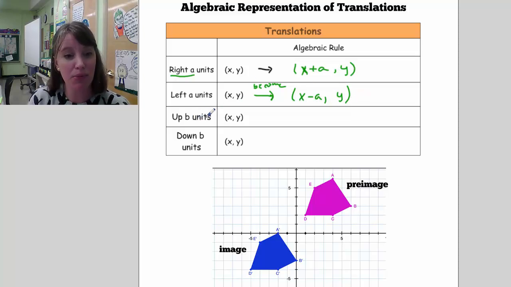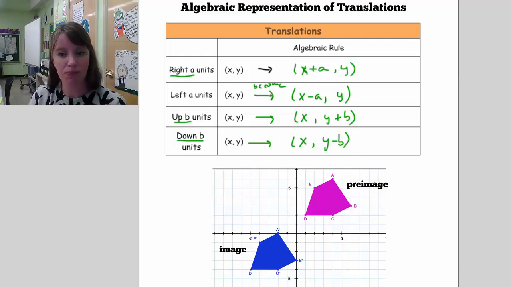If I was moving up b units, since we're talking about up and down in the next two, this affects just the y and not the x. So I would keep the x the same, but add b units to the y if I were raising it up. And the original coordinates would become x comma y minus b if I were moving down. Okay?